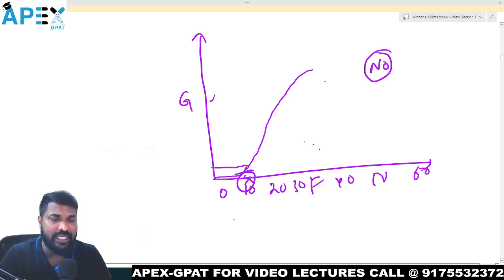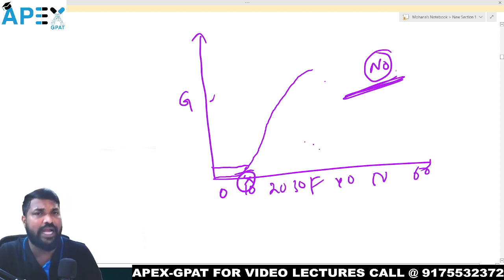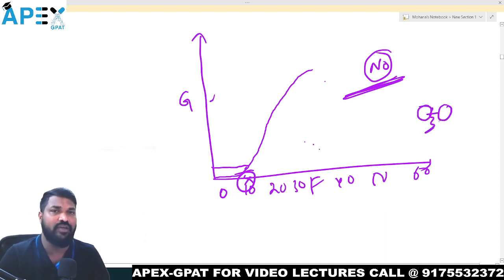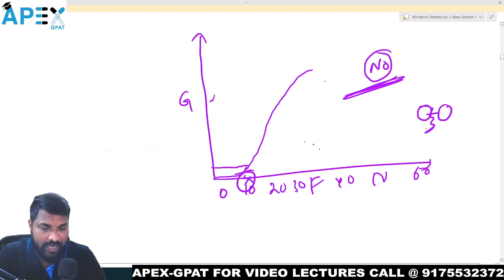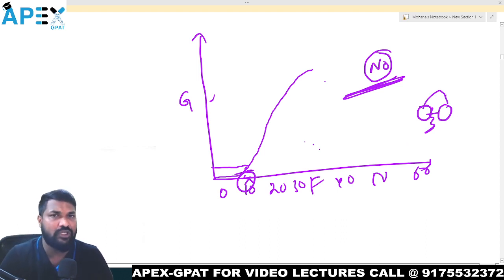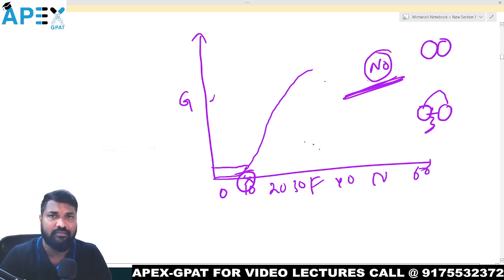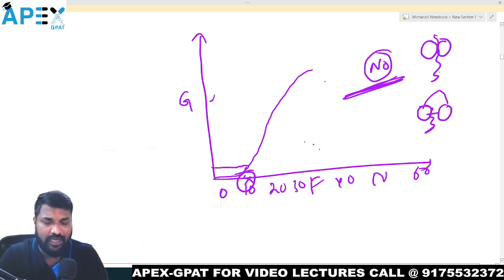At 10 Newton itself, it starts flowing. There is no yield value in this system, because there is no connection between one particle and another particle. That means there is no aggregation here. There is no flocculation here. They are not connected.